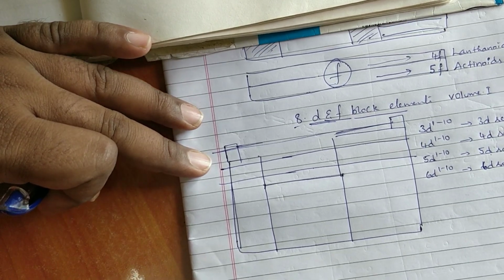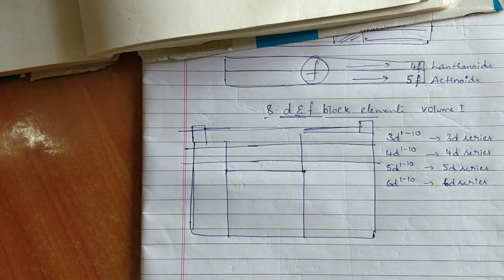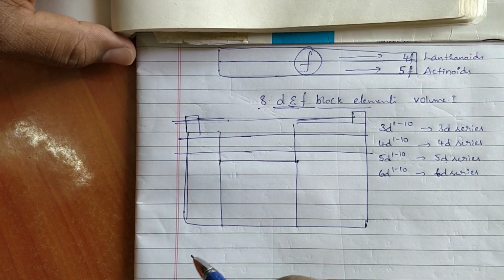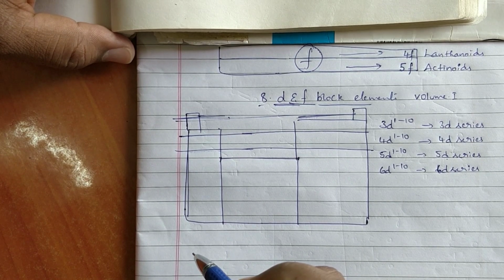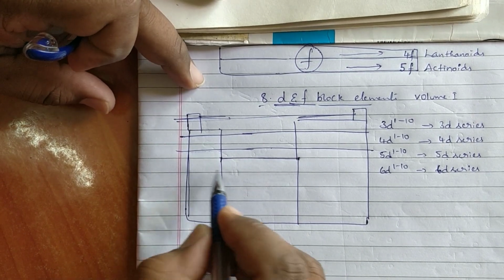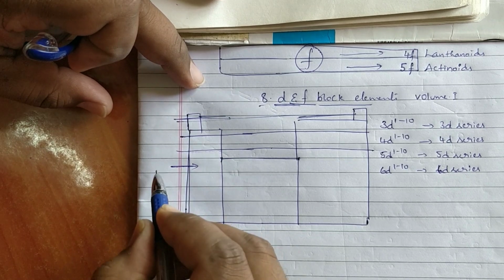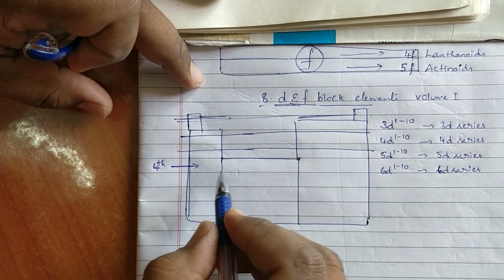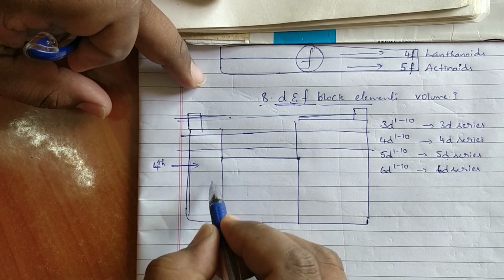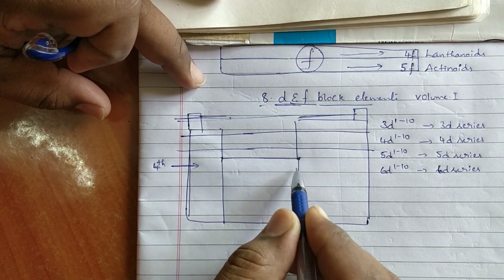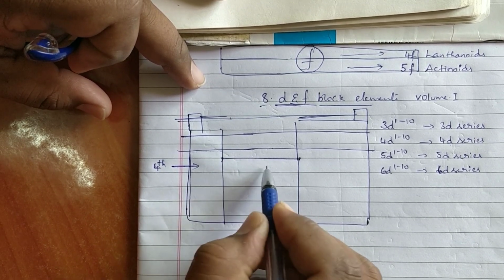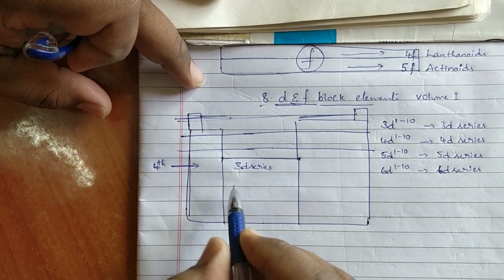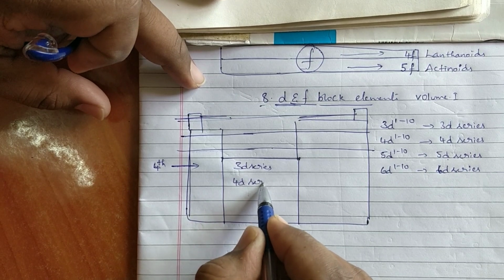Up to the third period, we have no D block elements. D block elements start from the fourth period. This is the fourth period, in which D block starts here. This full block is D block. This is the first series of D block, called the 3D series. This is called the 4D series.